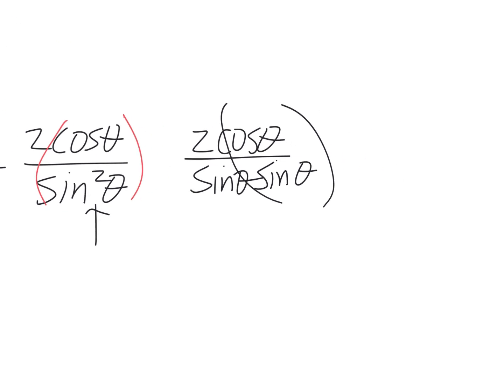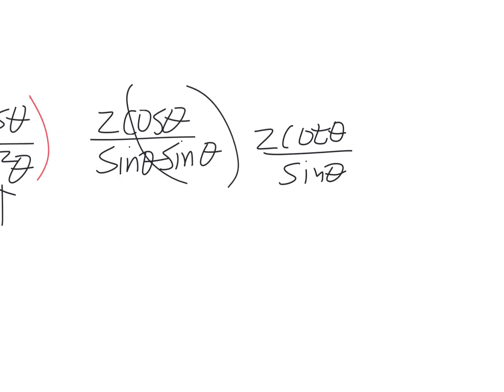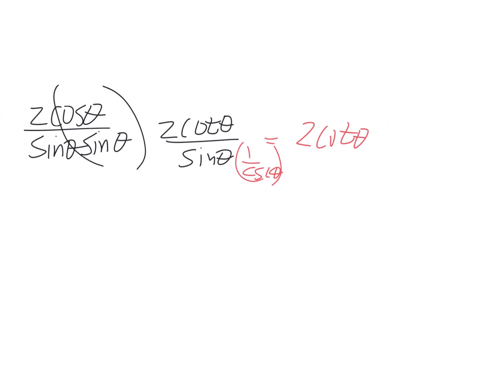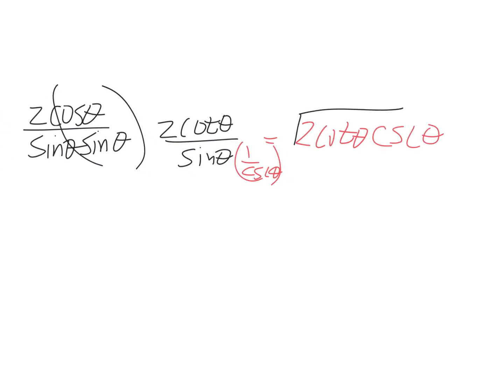And then you'd have 2 cotangent theta over sine. And then the sine can be thought of as 1 over cosecant. And then that means it can go up to the top. Final answer, 2 cotangent cosecant. Did anybody do it that way? All right, we got one group that did it that way.